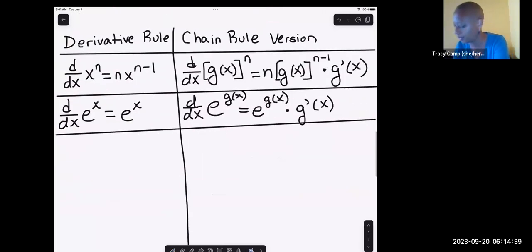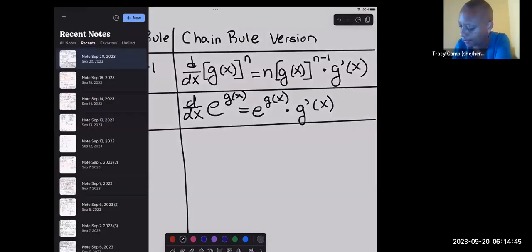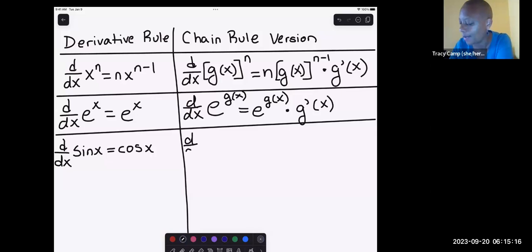I'll write another derivative rule. So we know the derivative of sine of x is cosine of x. So the chain rule version of this, I would have derivative of sine not of x.